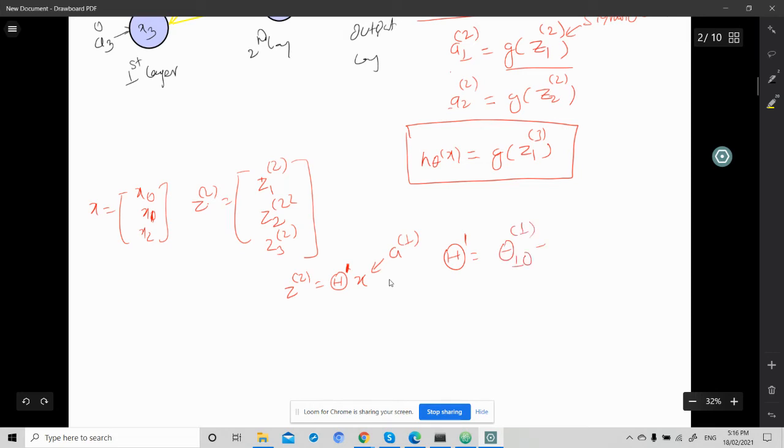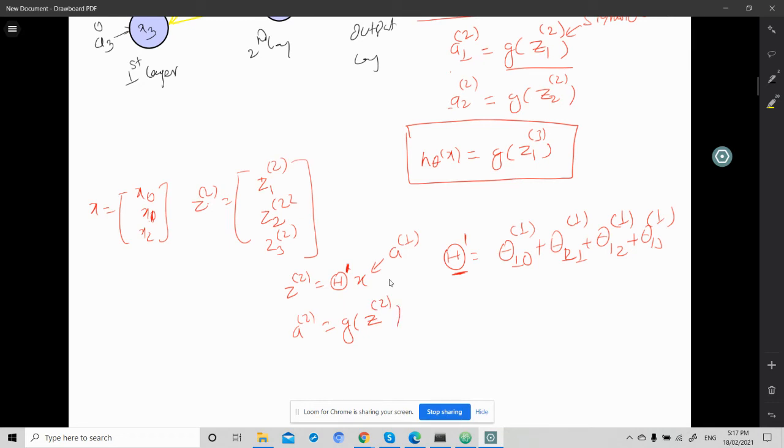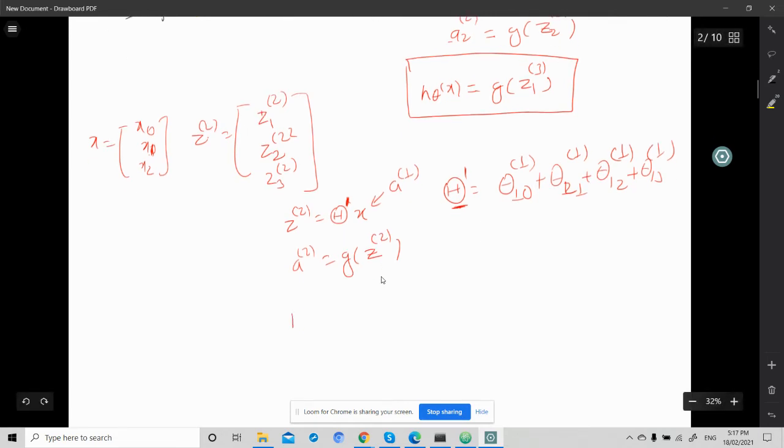It is theta of 1 0 plus theta of 1 1 for first layer plus theta of 1 2 of first layer plus theta of 1 3 of first layer, denoted by theta of 1 in vector term, and my x is the input layer, which is x0, x1 and x2, and my a2 becomes again z of 2.